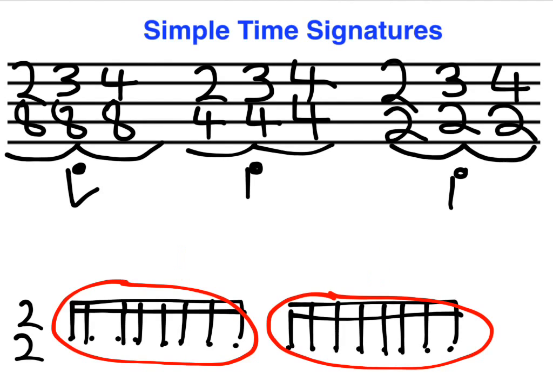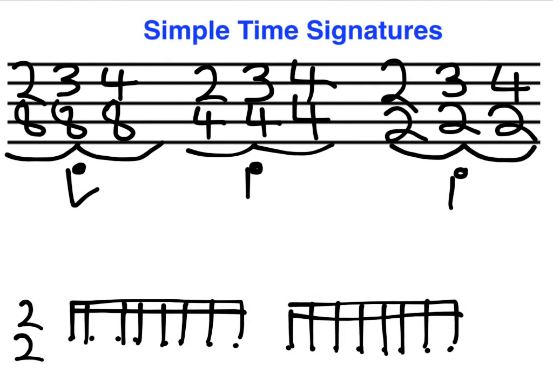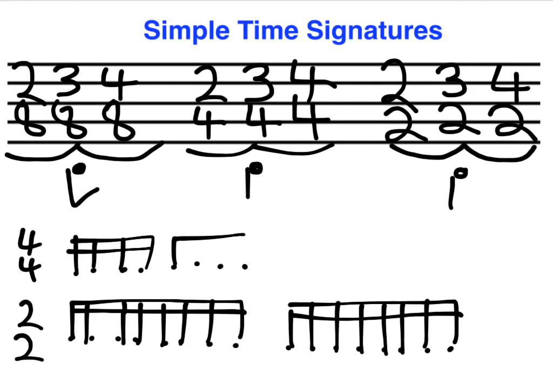Notice the difference if I still wanted 16 semiquavers, but in 4/4 this time. I would have to group them according to their beats. So there's the first group, 1, 2, 3, 4. There's the second group, 1, 2, 3, 4.